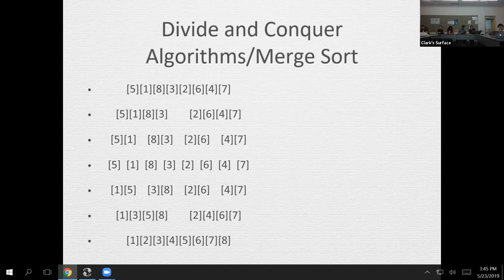It divides an array into small pieces recursively. You can see it's smaller here, smaller here. When it is divided into one element each, it will start merging them. So in the end, you will get a sorted array.